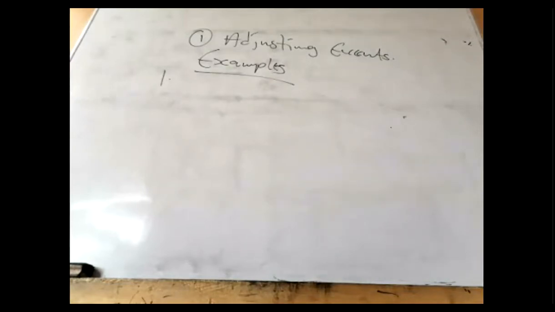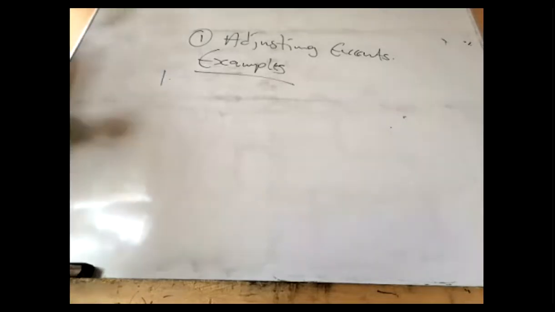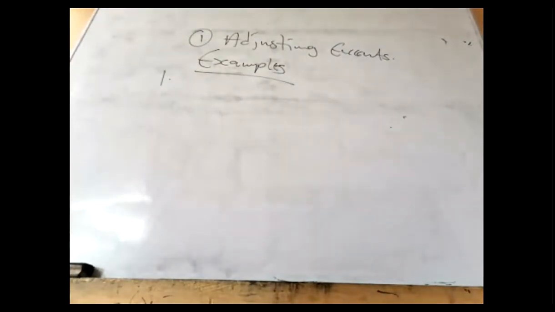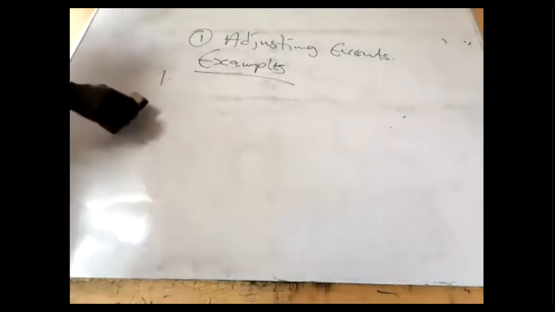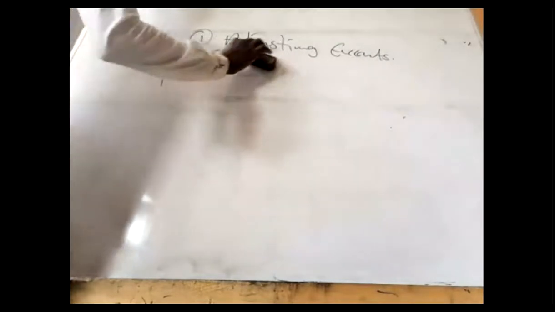Okay, so sorry about that. In short, we said that adjusting events are events after the reporting period that provide evidence of conditions existing before the year end. Let me go back a little because of the issue.